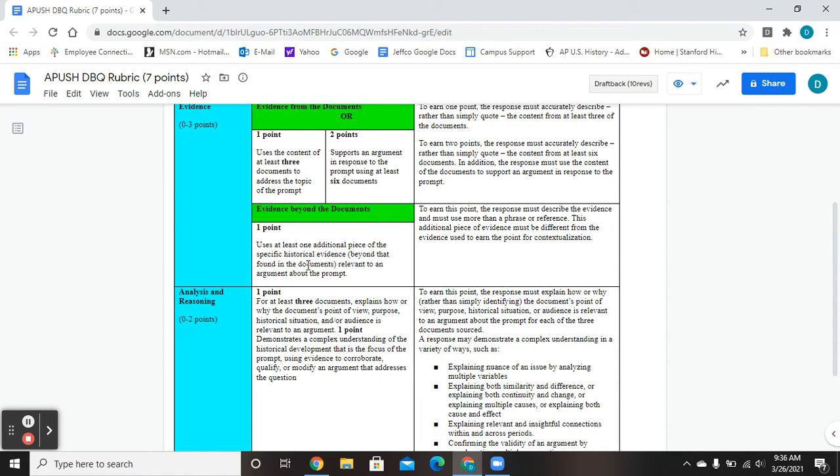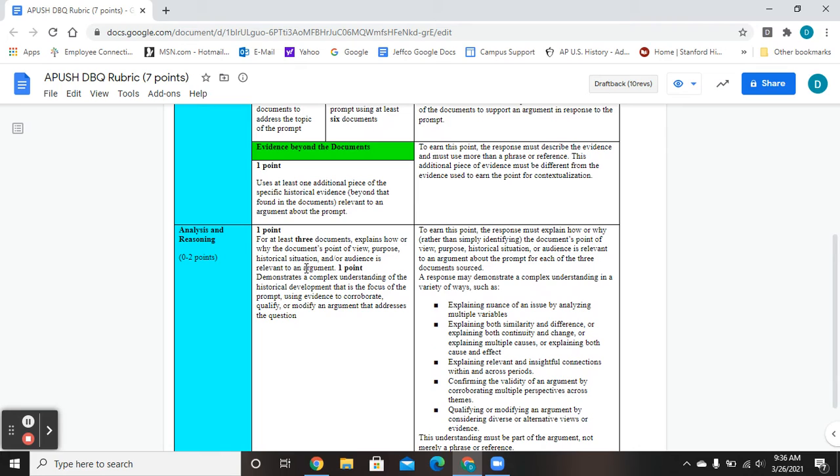And then for analysis, there's 2 points. For the first point of an analysis, for at least 3 of the documents, you explain the point of view of the author, or the purpose of the author, or the context of the document, or the intended audience.